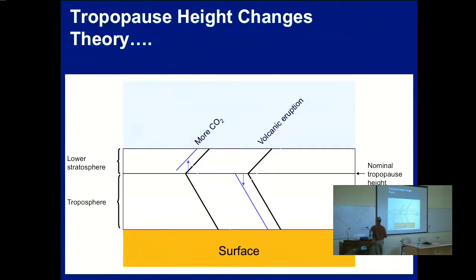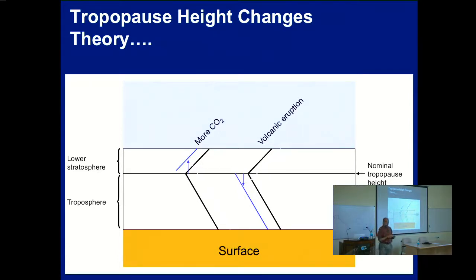Now the opposite sort of thing is happening here. Volcanic eruption. If I reduce tropospheric temperature and increase stratospheric temperature, then my new tropopause height is here, the old one was there.